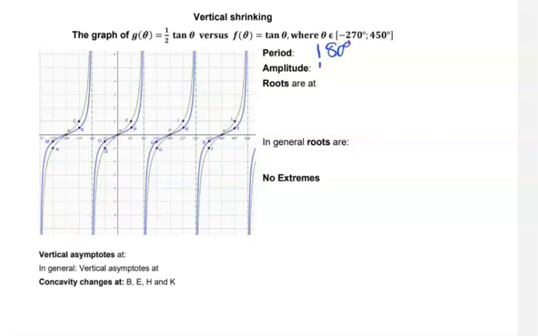Again, we have no amplitude, and again the roots are at B, E, H, and K, or the intercepts with the horizontal axis will be minus 180, 0, 180 degrees, and so forth.